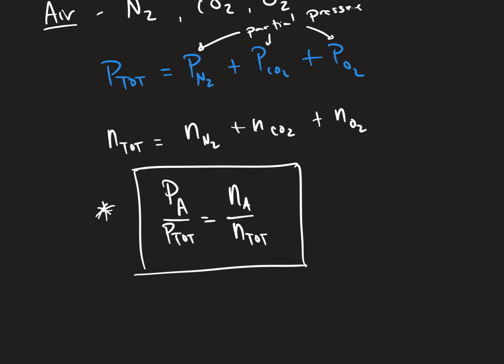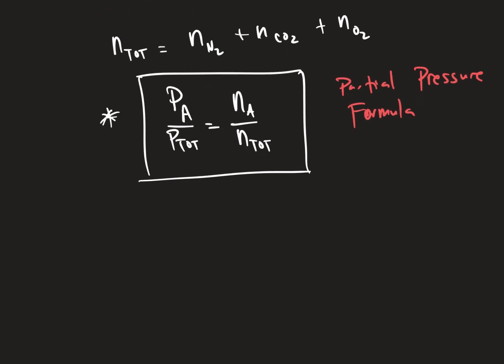Sorry, can you say what that formula is one more time? This is the partial pressure formula. We use it for when we have a mixture of gases. And what does the A stand for, sorry? So the A is just one of the gases. Okay.